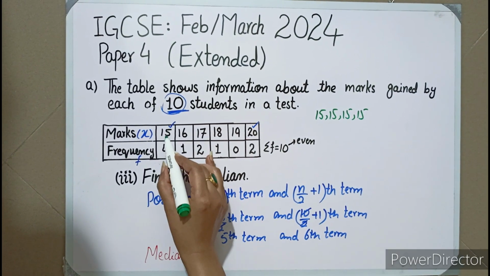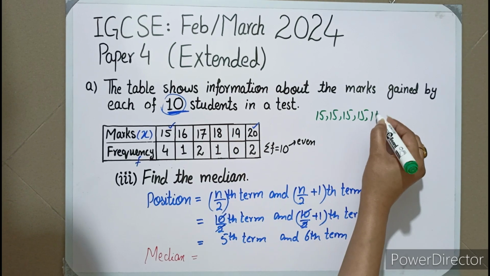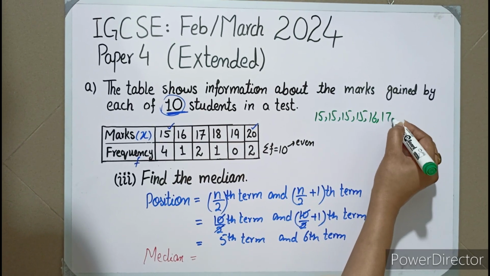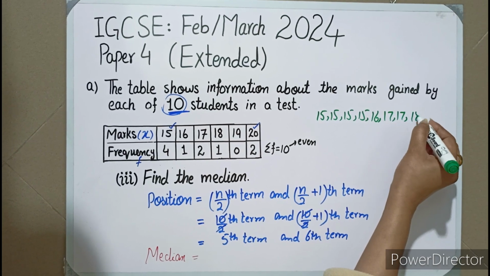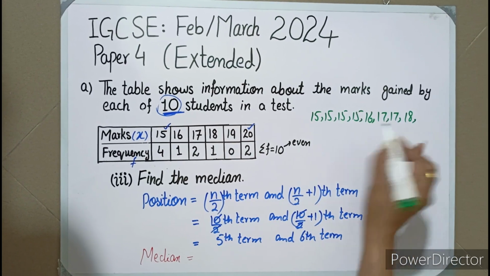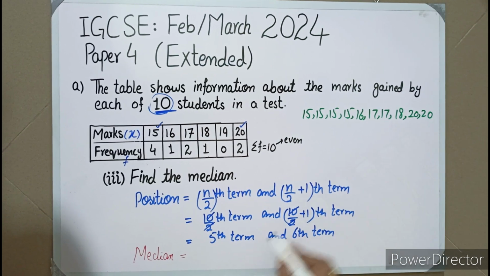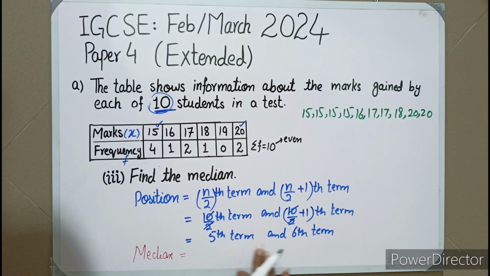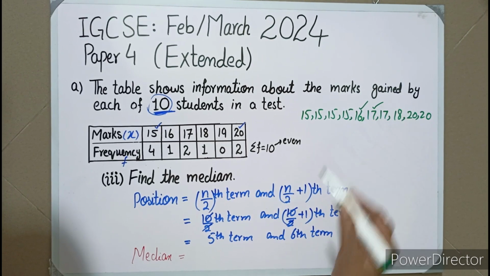We have to write this 15 four times. Then next 16 one time, 17 two times, 18 one time, 19 zero times, and 20 two times. Now pick the fifth and sixth terms. This is the fifth while this one is the sixth term.